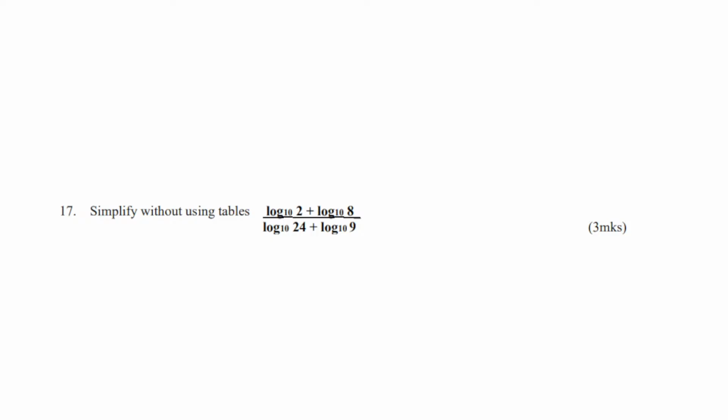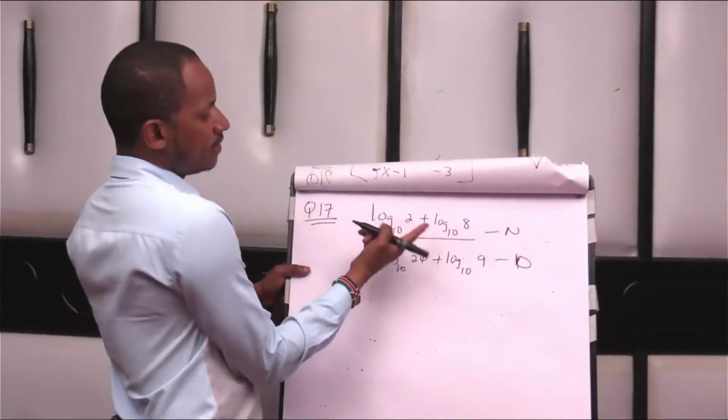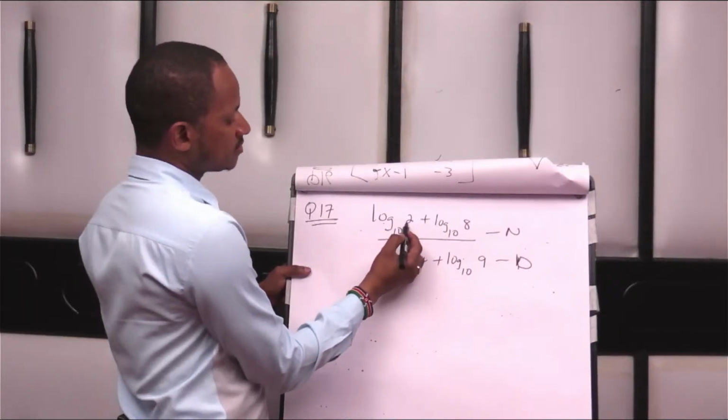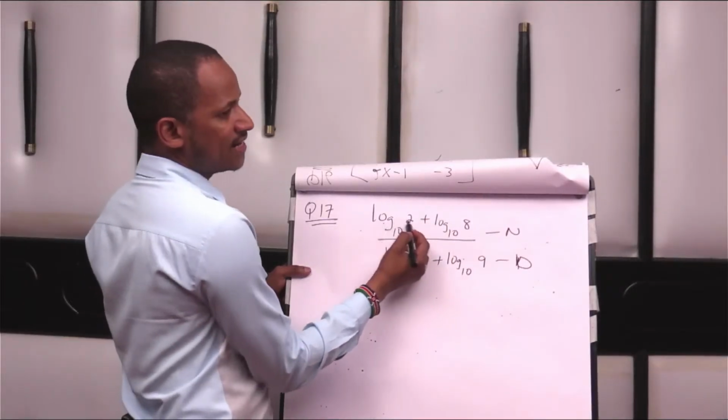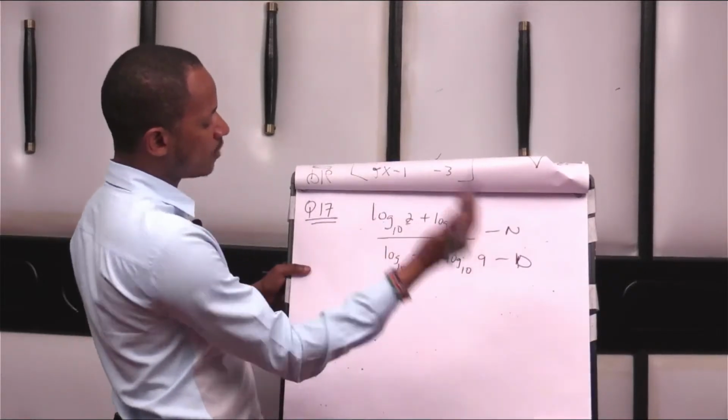By the laws of logarithms, we solve the numerator first, then the denominator. If the bases are the same, then when you are adding logarithms, you multiply the two values and put them under one base 10.